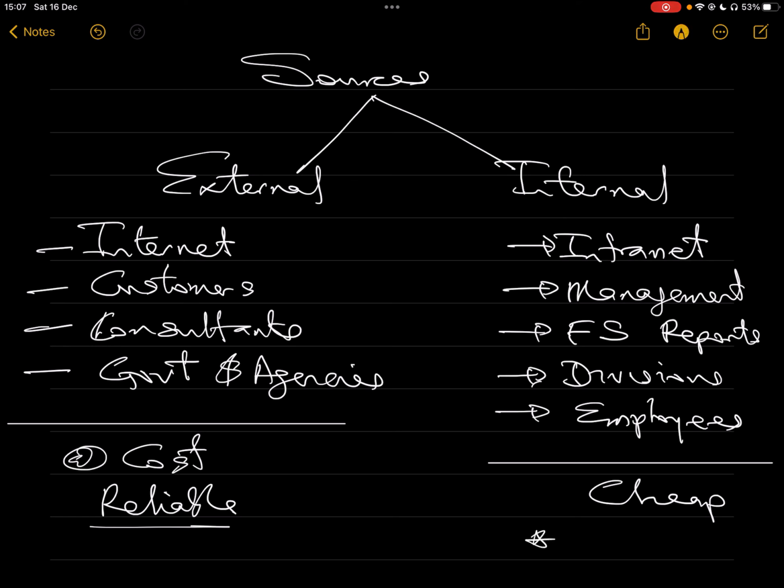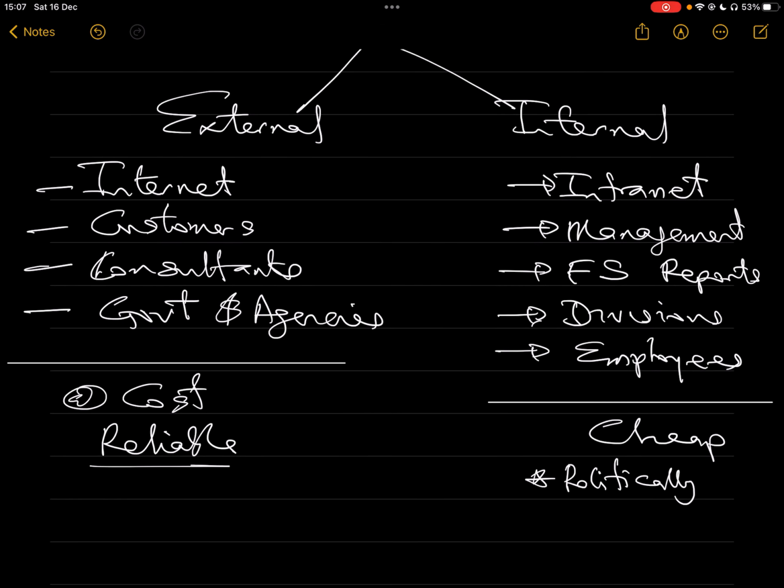Because internal information can be managed with some political manipulation. So you are not really sure whether it's fully independent. So yeah, you just need to take note of those intricacies when analyzing or trying to get information.